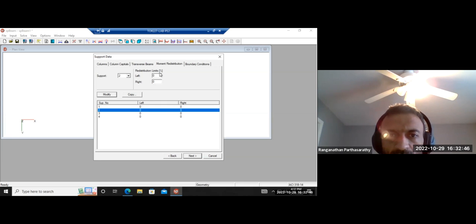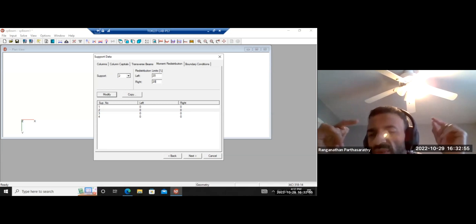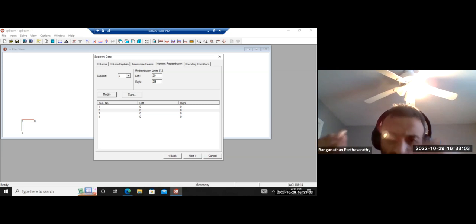So second support, redistribution limit. If you remember, you cannot redistribute more than 20%. Whatever you reduce at the negative moments, after you do the reduction, you need to recalculate your positive moment. Positive moment will increase, but negative moments are decreasing.